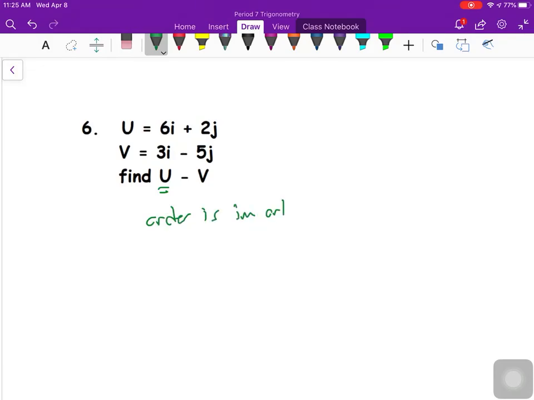Very straightforward. Subtraction is very similar to that. So for the subtraction, now notice the order is important.